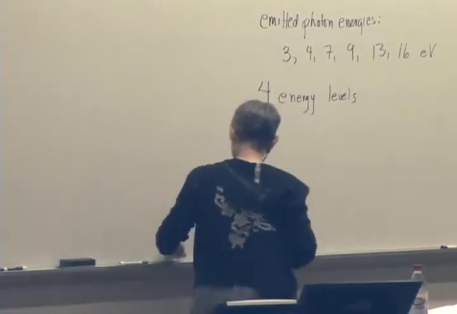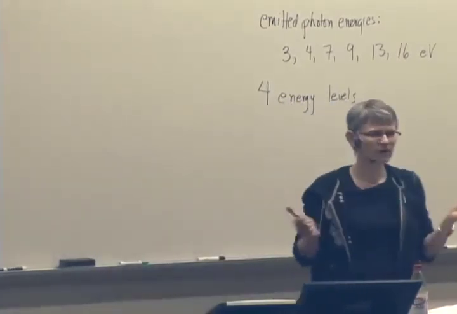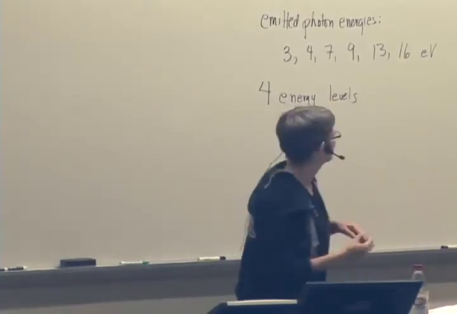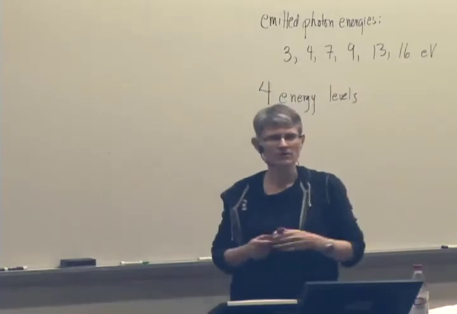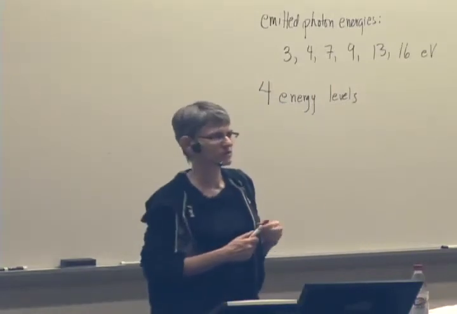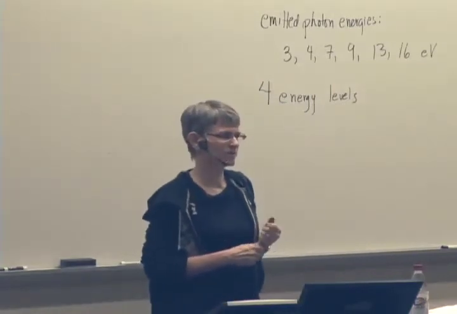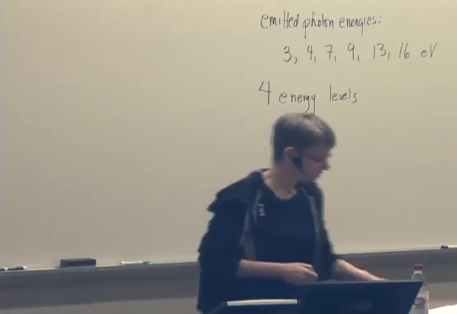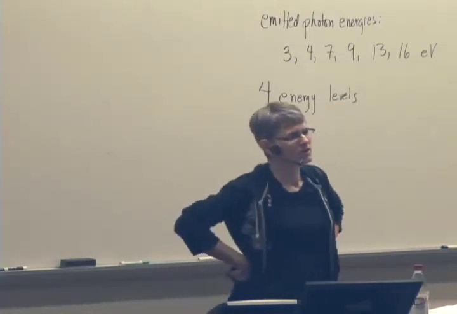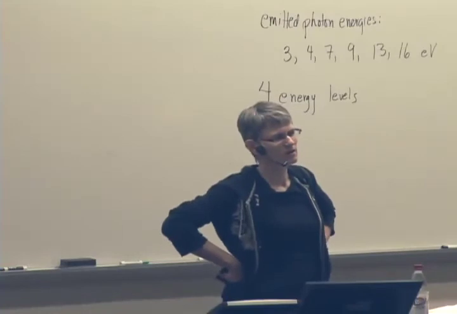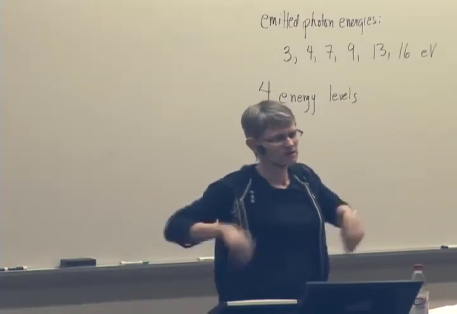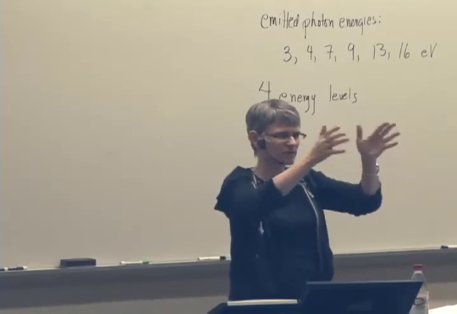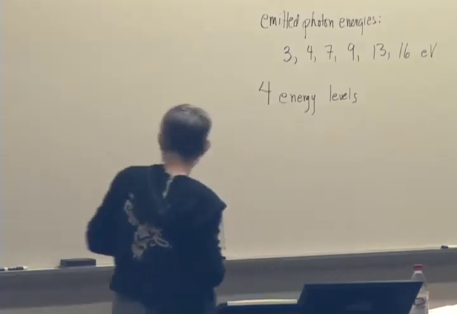So one of the things to notice here is that we know the energies of the highest energy photon that's emitted and the lowest energy photon that's emitted, right? So what is the highest energy photon that's emitted going to correspond to here? The biggest difference, the top to the ground state, isn't it?